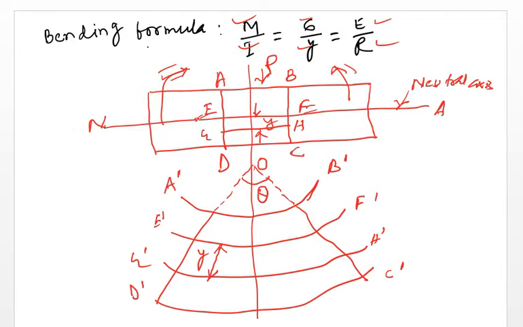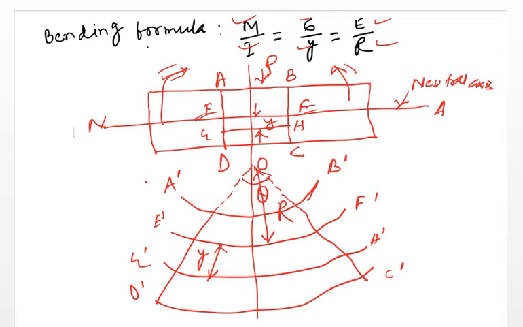There won't be any effect on the neutral axis, correct? So this distance will be y. Let the radius from here to here be R.